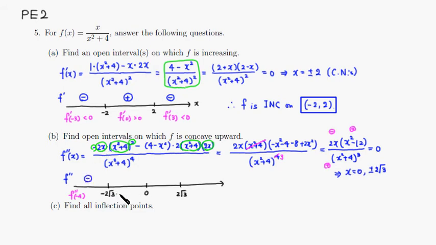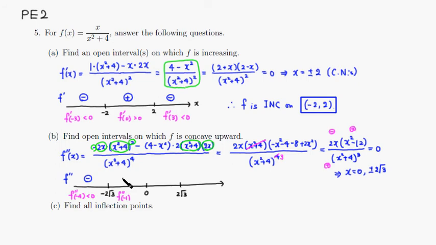Then if you try anything between negative 2 square root of 3 and 0, I'll try negative 1. So f double prime of negative 1. If you plug in negative 1, that's still negative, but this becomes negative 2, and negative, negative, positive.